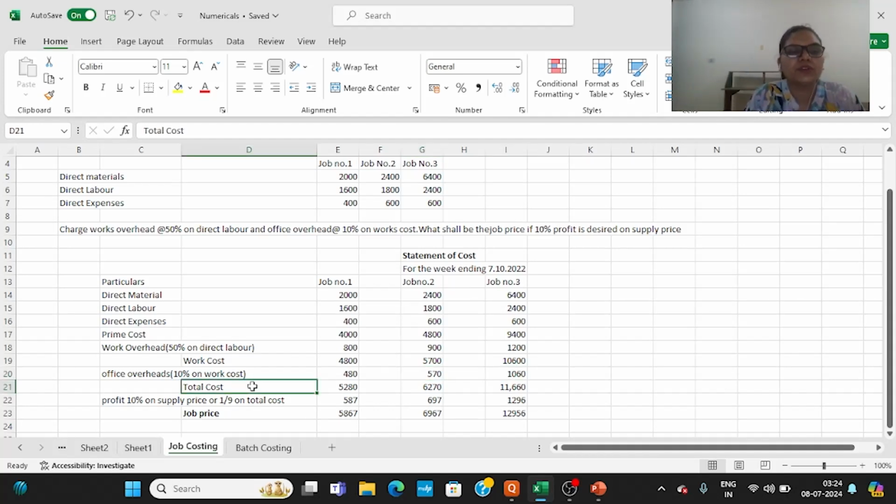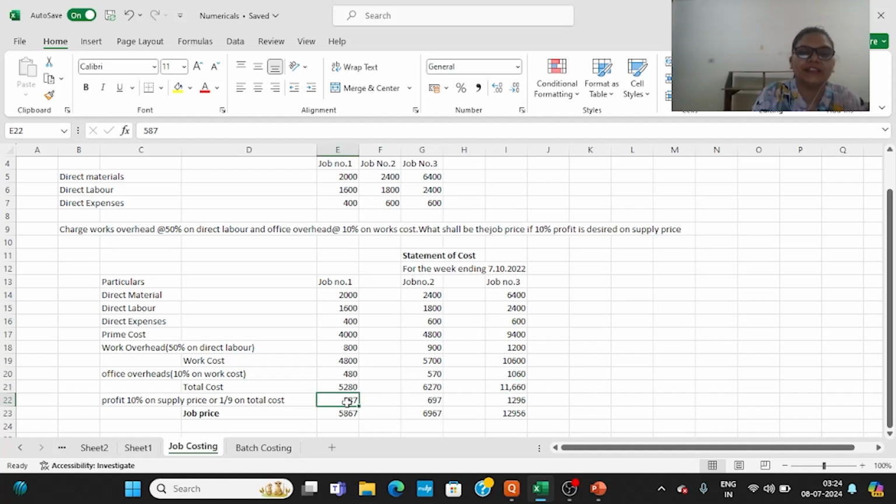Now, after total cost is derived, it has been given profit 10% on supply price, that is 1 by 9 of total cost. So on total cost, we will calculate 1 by 9 of 5280, 1 by 9 of 6270 and 1 by 9 of 11,660.